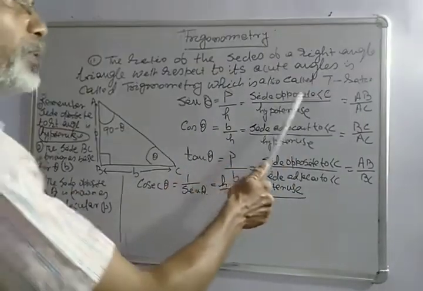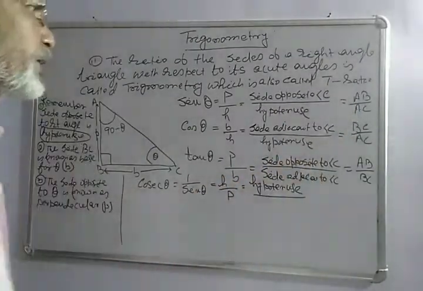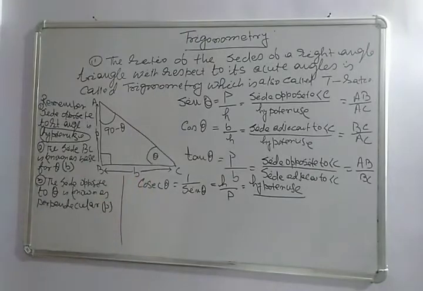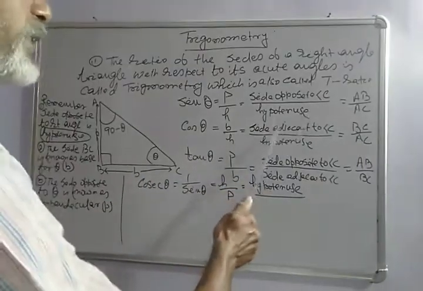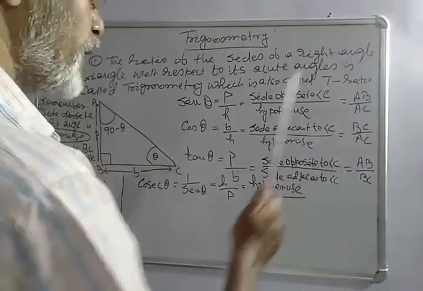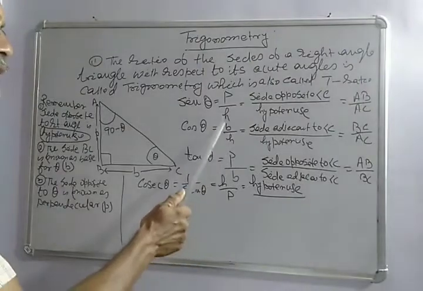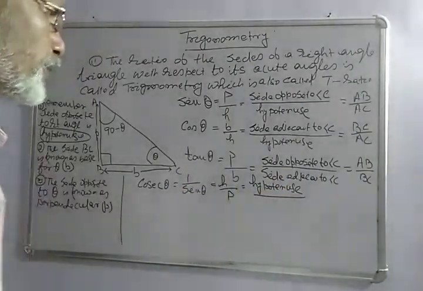The side opposite to angle C is AB, so sin theta is AB by AC. Similarly, cos theta is B by H, the side adjacent to angle C by hypotenuse, that is BC by AC.